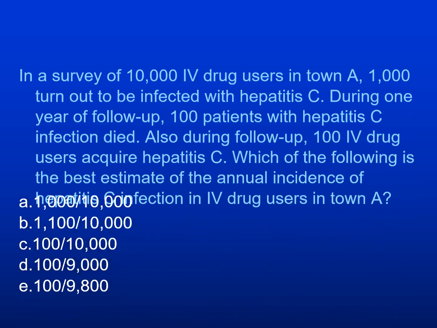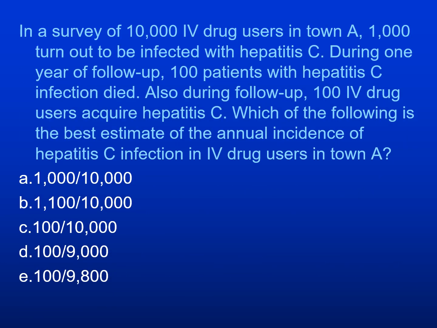In a survey of 10,000 IV drug users in Town A, 1,000 turned out to be infected with hepatitis C. During 1 year of follow-up, 100 patients with hepatitis C infection died. Also during follow-up, 100 IV drug users acquired hepatitis C. Which of the following is the best estimate of the annual incidence of hepatitis C infection in IV drug users in Town A?